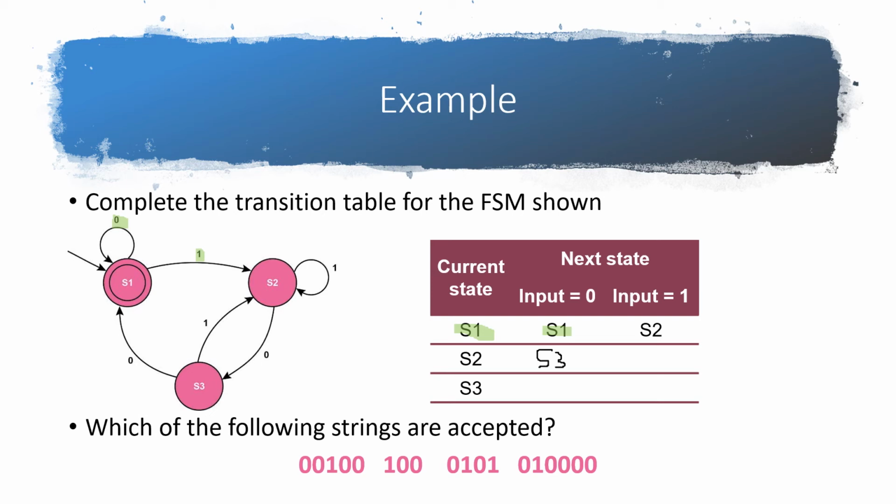If we're on S2 and we input a 1, we're going to stay on S1. For S3, if I input a 0, we're going to move to S1.